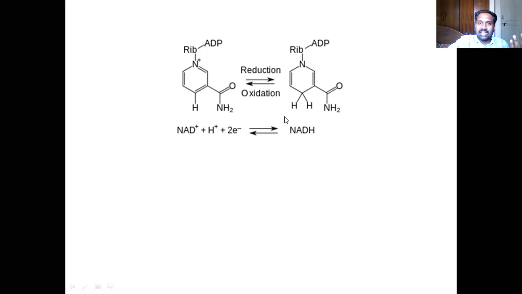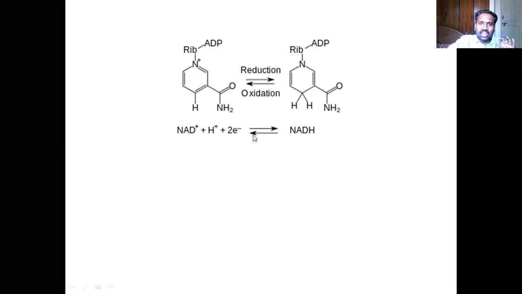So if NADH is oxidized, electrons are removed. Therefore, you get NAD plus. And this cannot happen by itself. There should be an oxidizing agent which should do this. Which is that oxidizing agent? We'll see that later. As of now, we will only look at this direction of the reaction, oxidation.